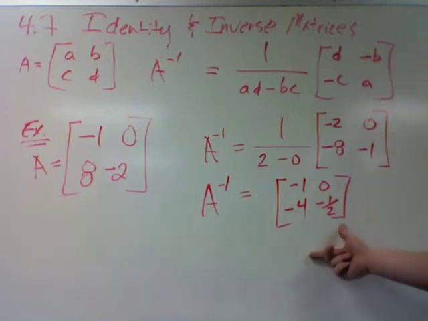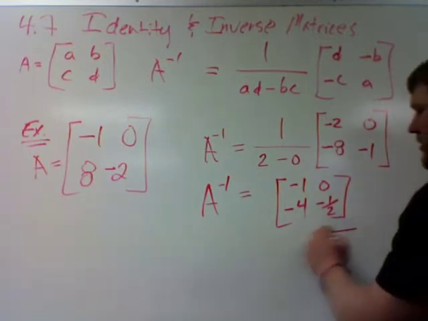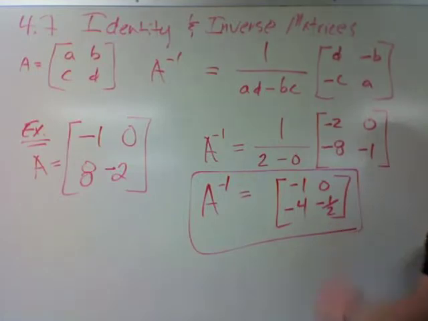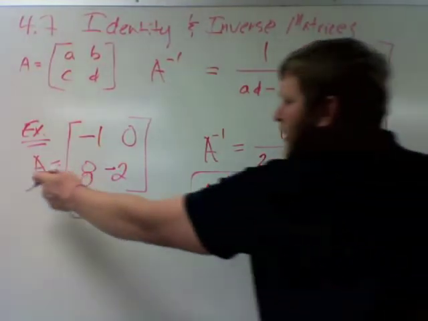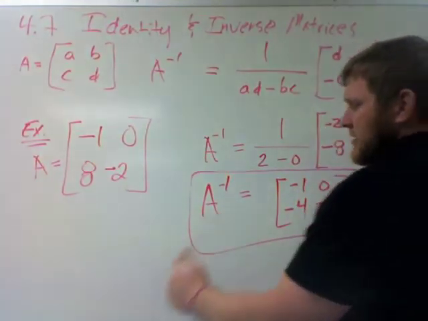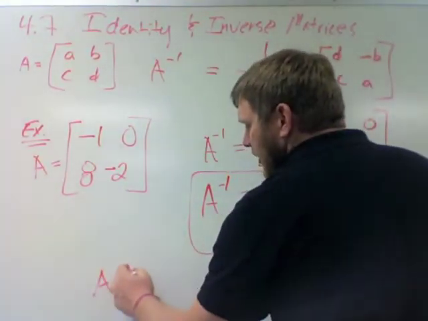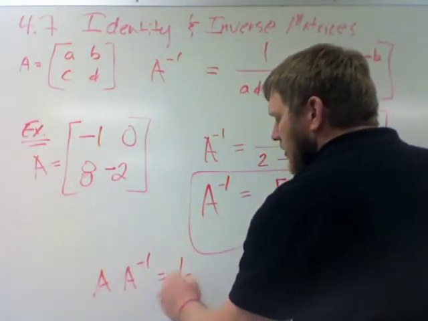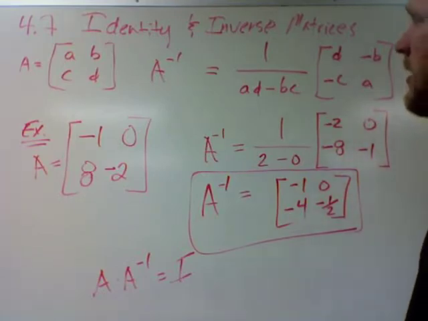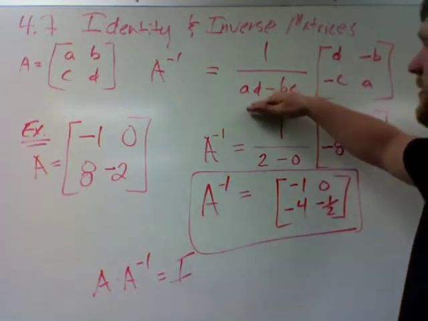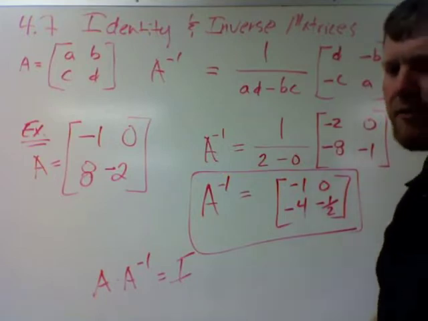So right here, I just found my inverse matrix. Again, if I take this matrix times this matrix, I should end up with the identity matrix. That's just a heads up. So it's fairly important to be able to find that inverse matrix.